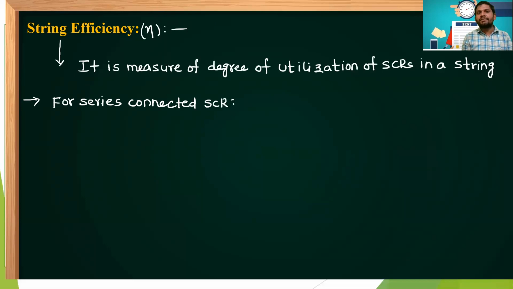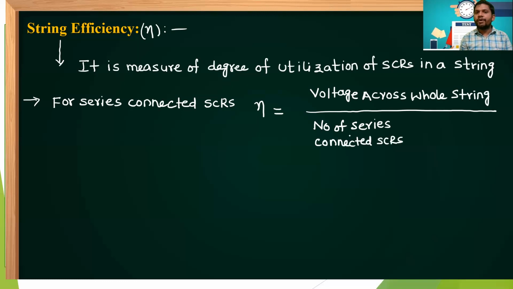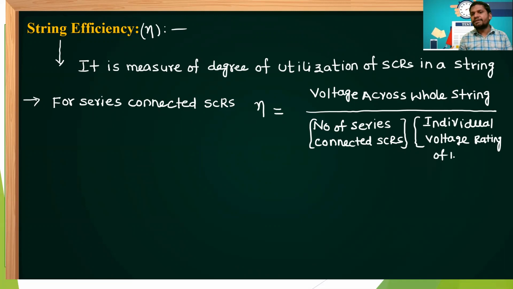For series connected SCRs, the string efficiency eta equals the voltage across the whole string divided by the number of series connected SCRs into the individual voltage rating of each SCR, or single SCR.